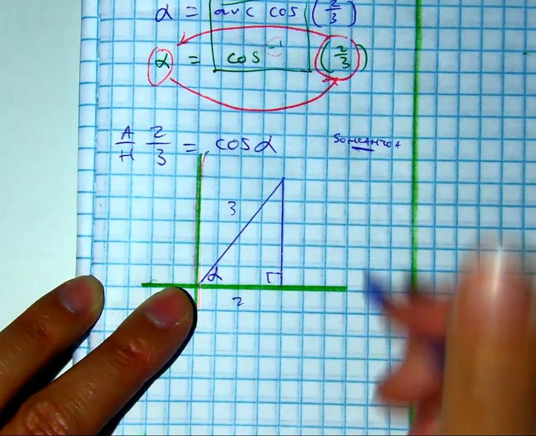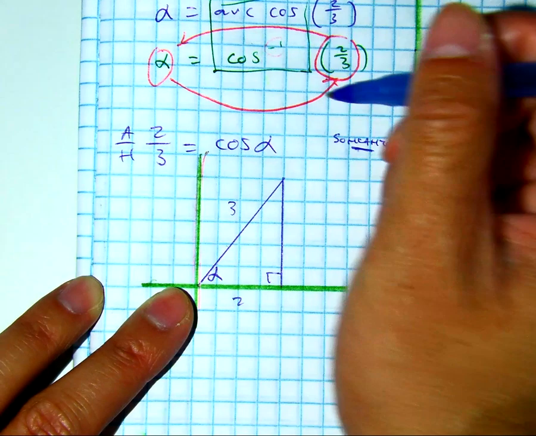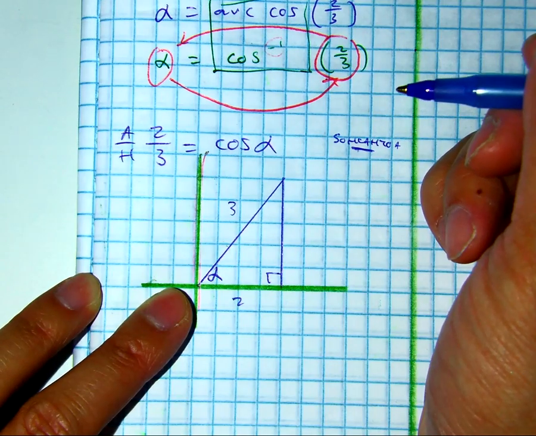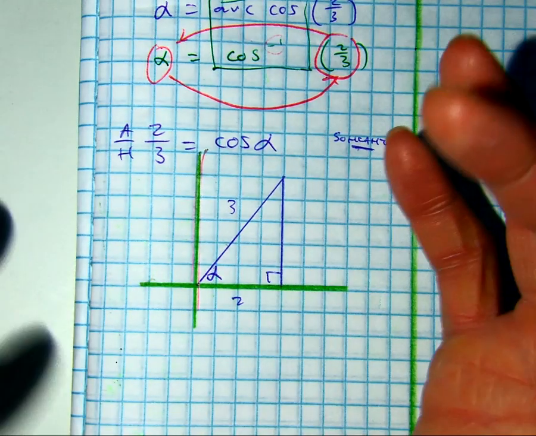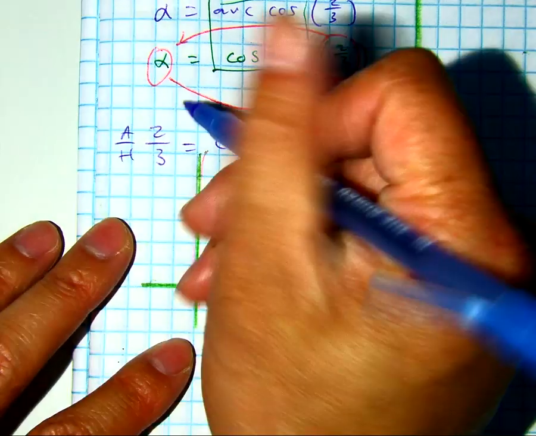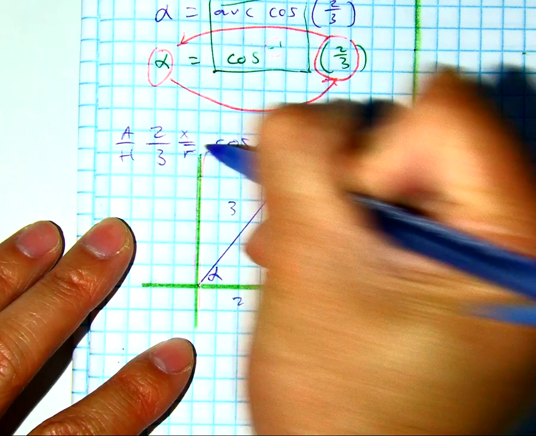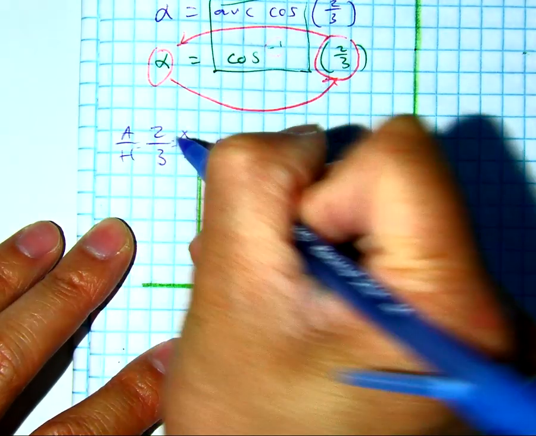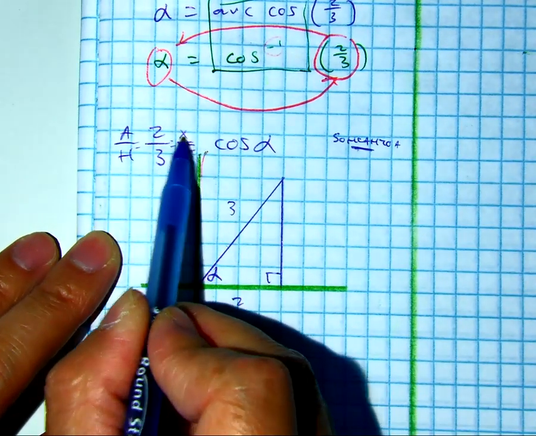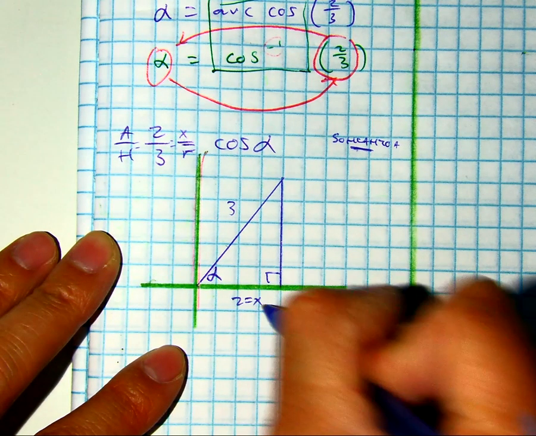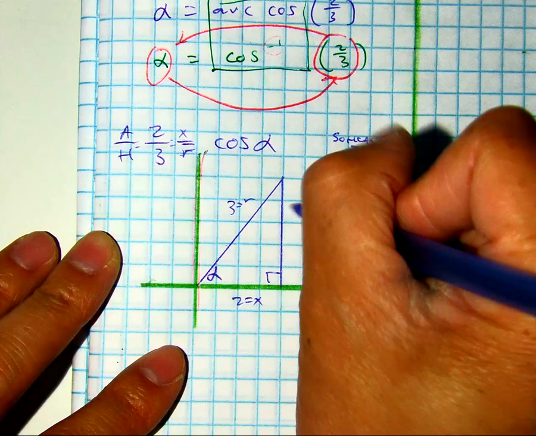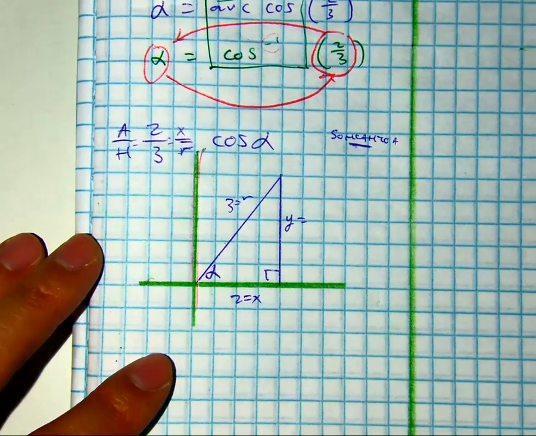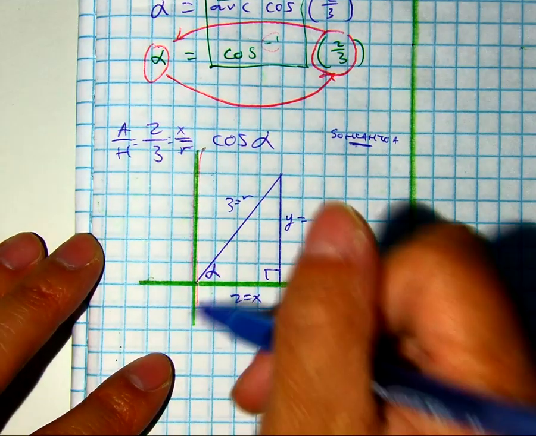Or in our class, the letters for cosine are x over r. So your x value is 2, your r value is 3. We're missing the y value, so I can use the Pythagorean theorem because I have two sides of a right triangle.